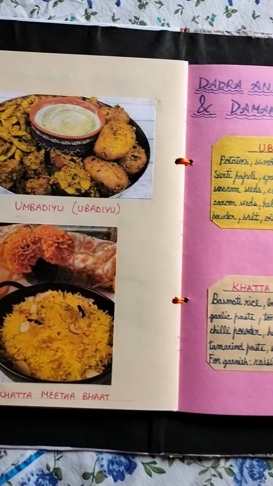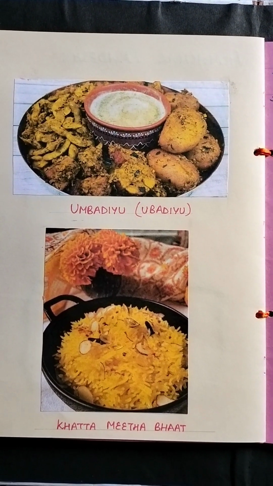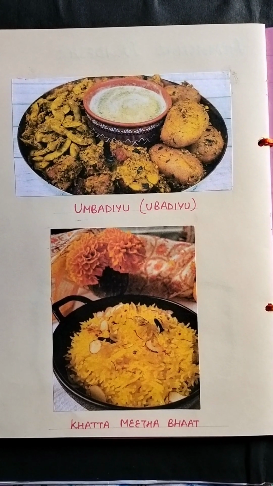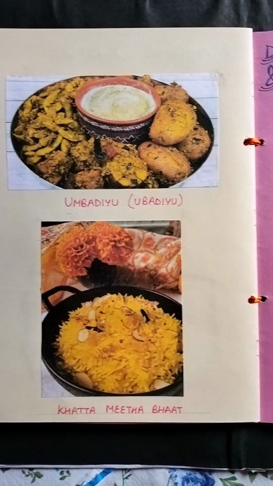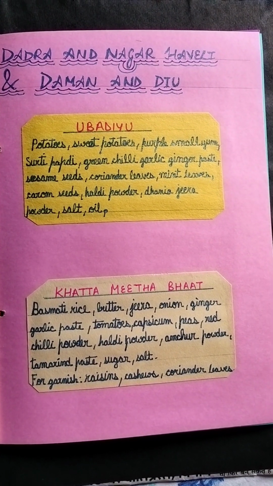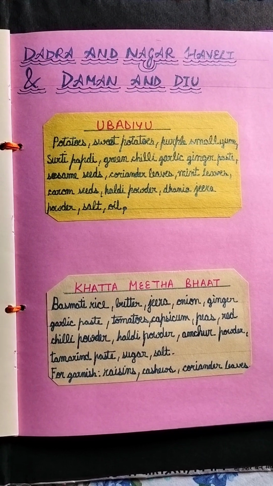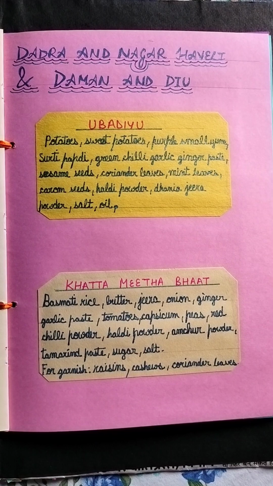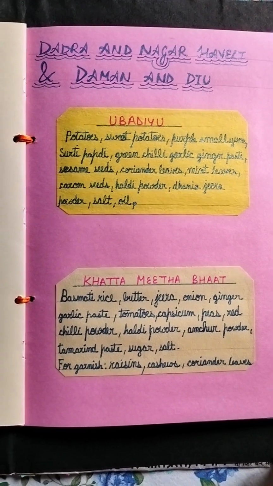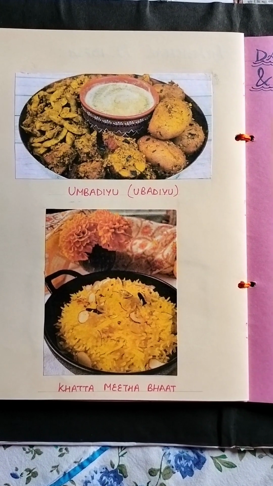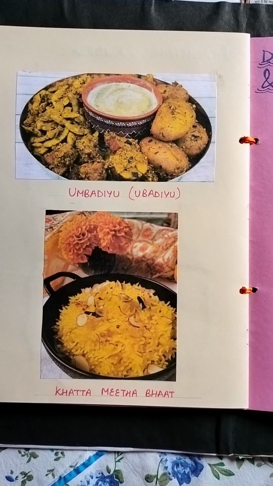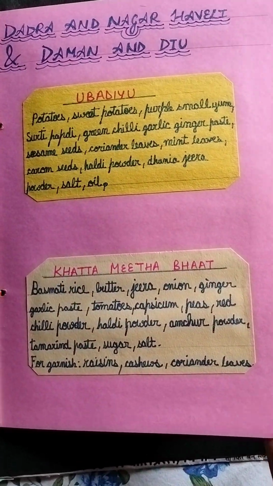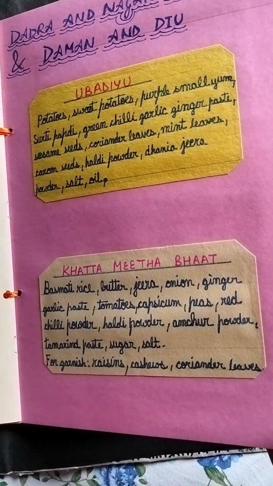The next dish belongs to Dadra Nagar Haveli and Daman and Diu, that is umbadiu, also called ubadiu, which is a mixture of different vegetables, the dried ones, served with chutney, and also khatta mitha bhat, which is rice cooked with a lot of spices and flavored as sugary and salty.